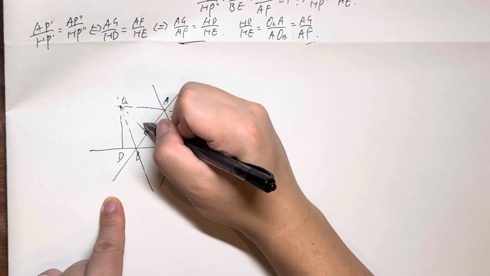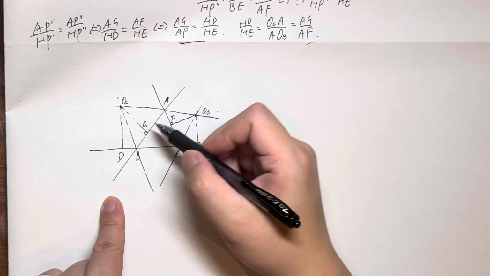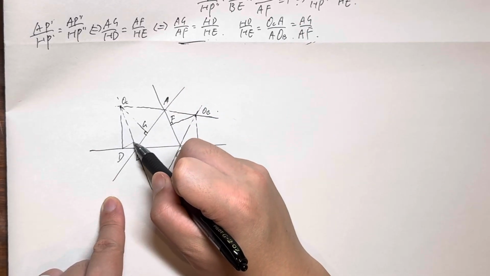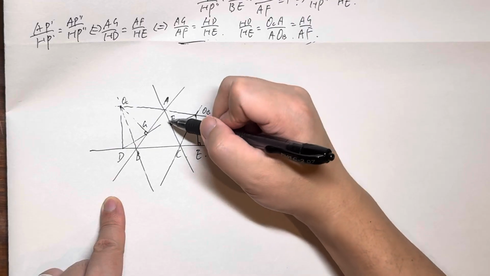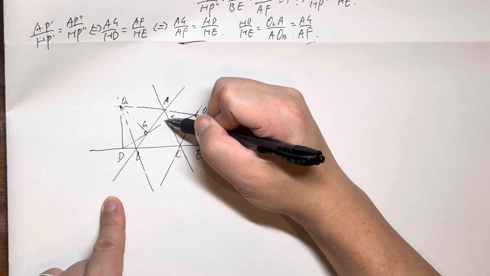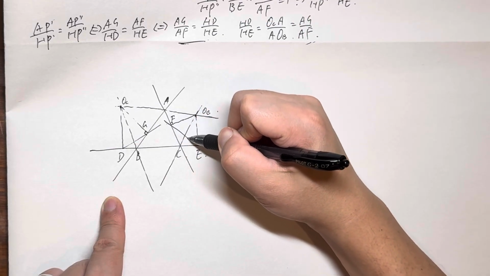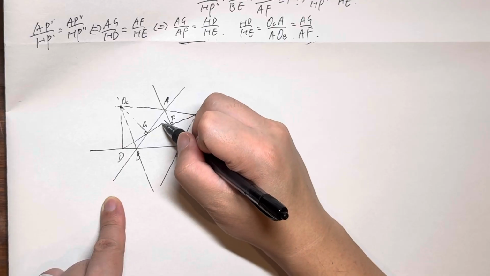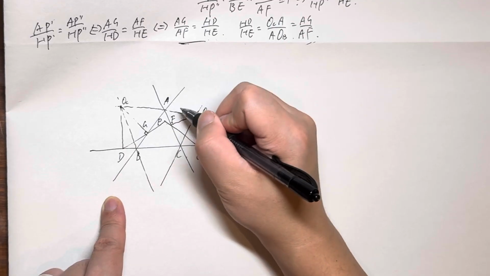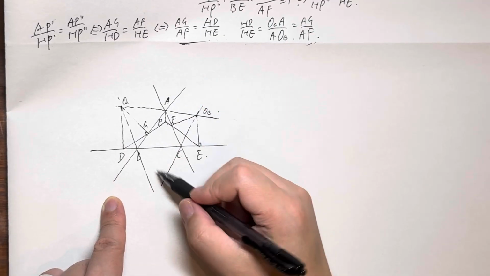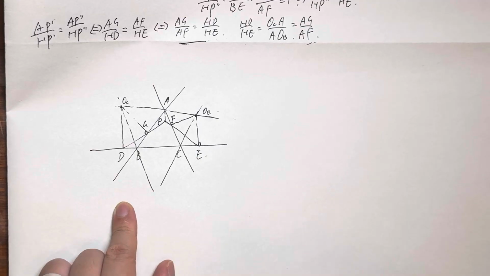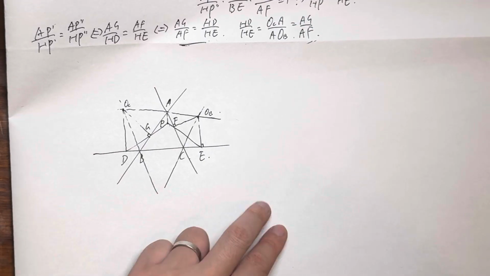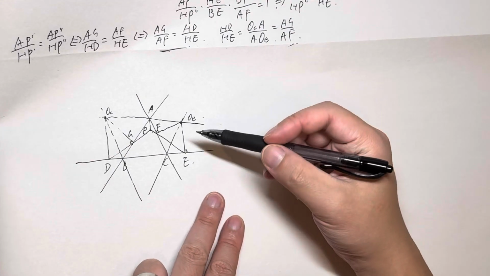at point G. Now we want to prove that DG meets FE at point P, and we want to prove that AP is perpendicular to BC. Okay, so the idea is the same.